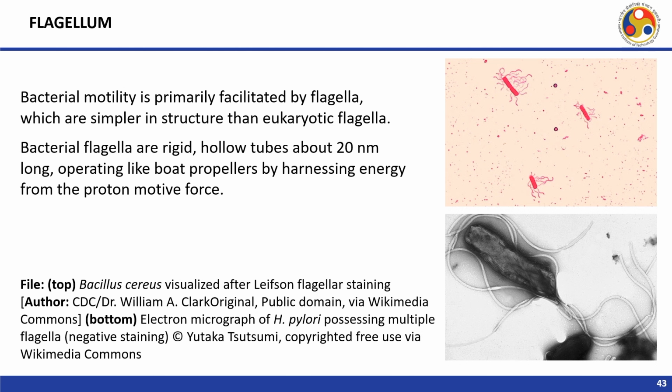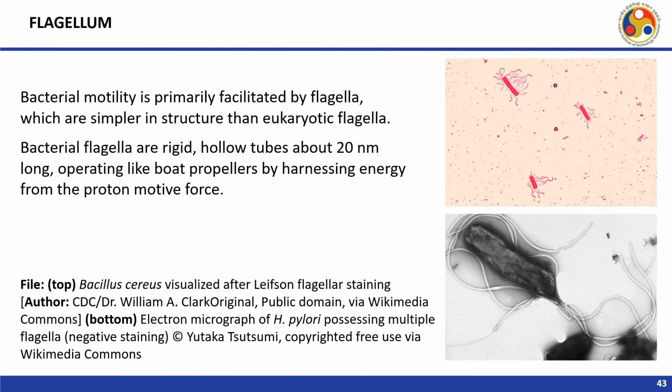Flagella are simple in structure, bacterial flagella particularly, compared to the eukaryotic flagella, as some eukaryotes also have similar structures. Bacterial flagella are rigid, hollow tubes about 20 nanometers wide, operating like boat propellers by harnessing energy from the proton motive force.